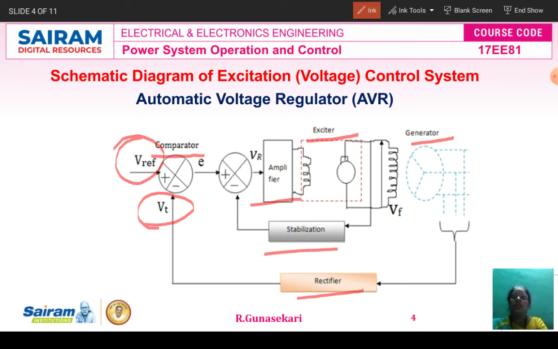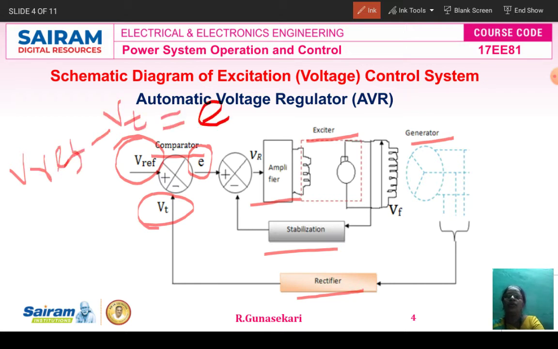The terminal voltage Vt and the reference voltage are both compared in the comparator to obtain the error voltage, small e. So V reference minus Vt is equal to e. This is the formula from the diagram.